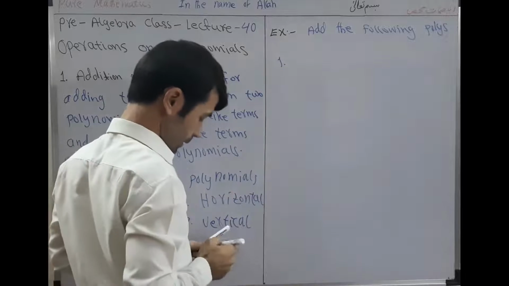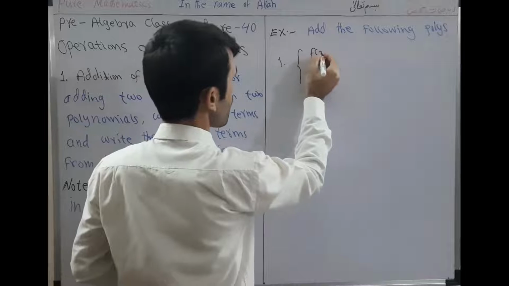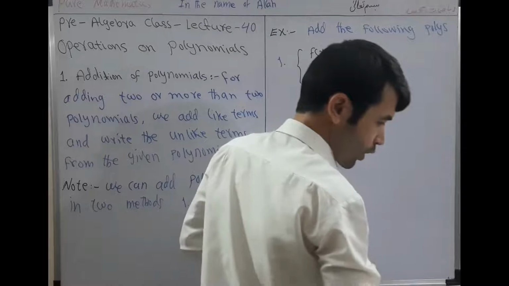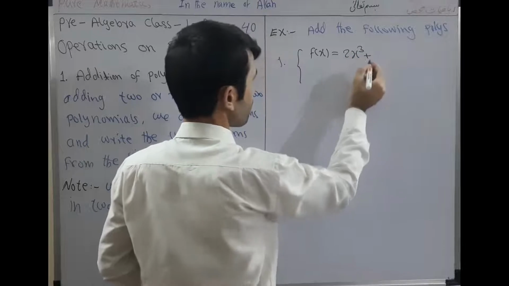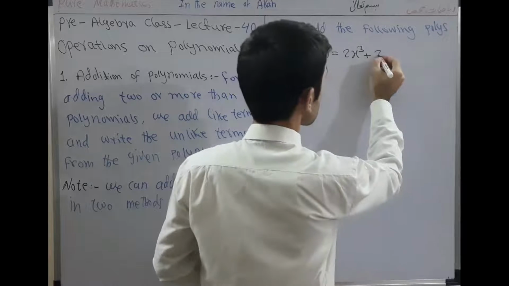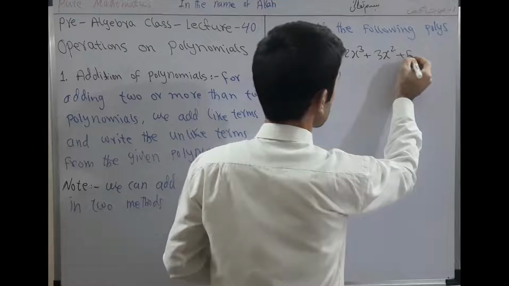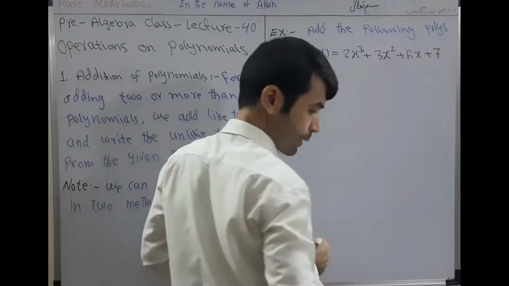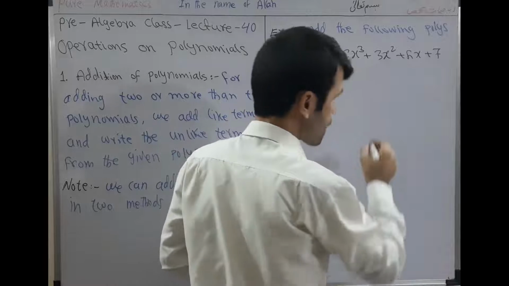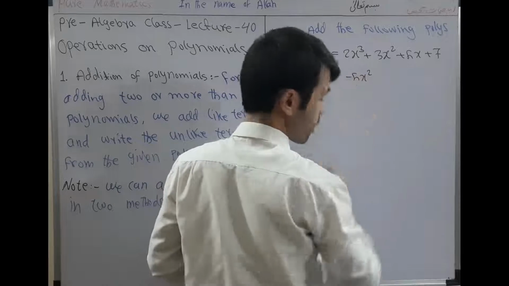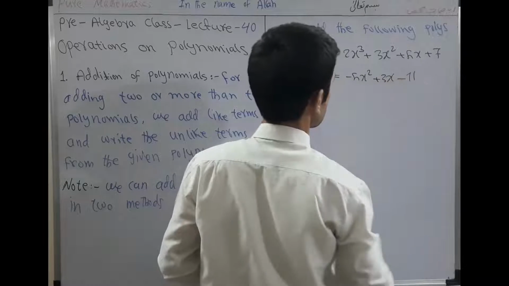Number one, f of x is equal to 2x cube plus 3x square plus 5x plus 7. g of x is equal to minus 5x square plus 3x minus 11.